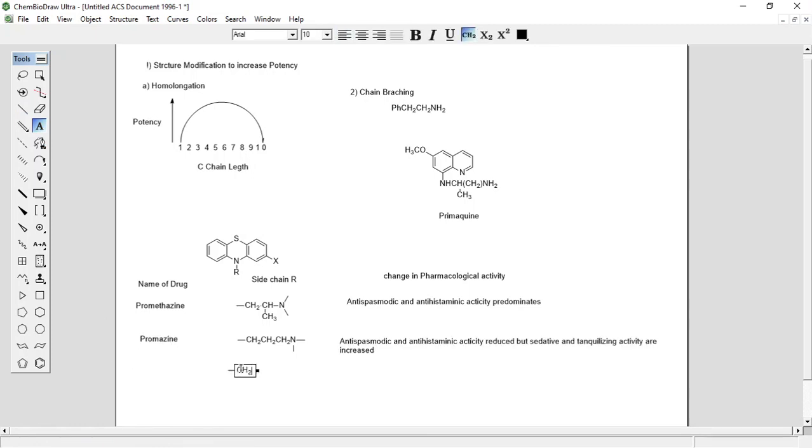With this side chain, the name of that drug is trimeprazine.